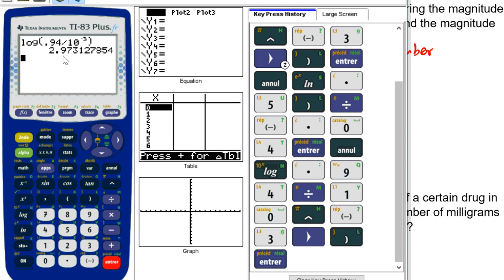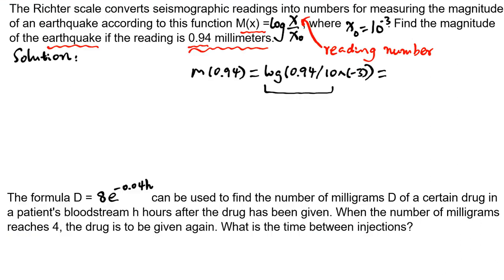magnitude 3 earthquake. It's 2.97. So you may put here 2.97, which will be the magnitude of the earthquake.